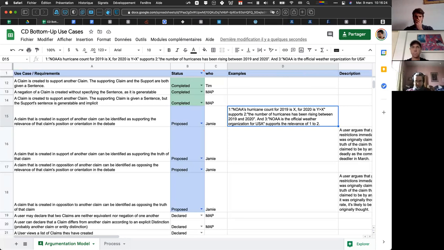So that would be it. Supports relevance of 1 to 2, yes.